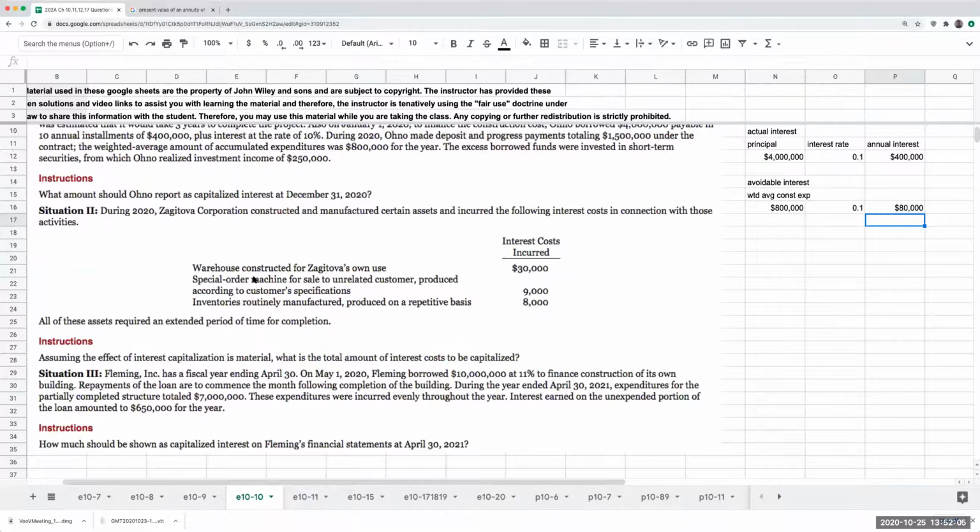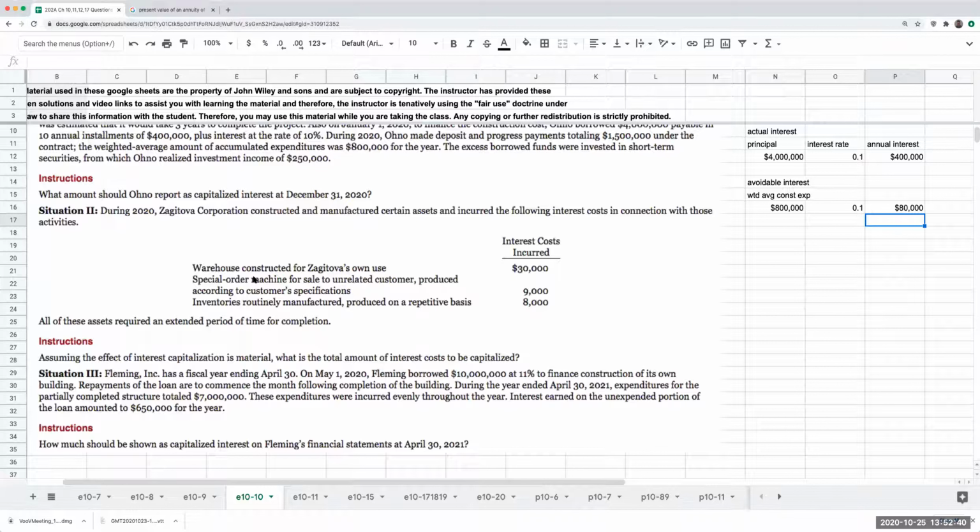The special order machine, basically for sale to an unrelated customer, produced according to the customer's specifications.